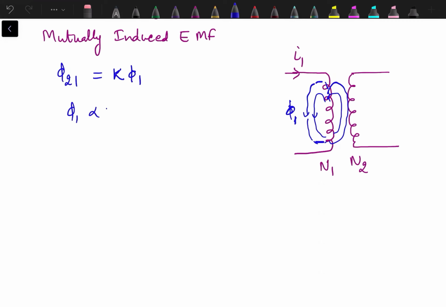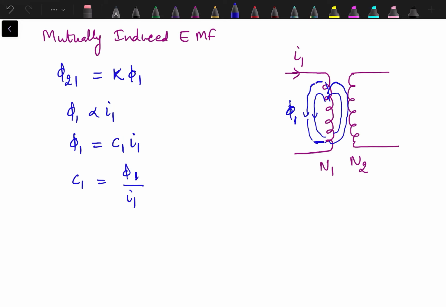Also, phi 1 is proportional to I1. So we can say phi 1 is equal to C1 I1, or C1 is equal to phi 1 upon I1.